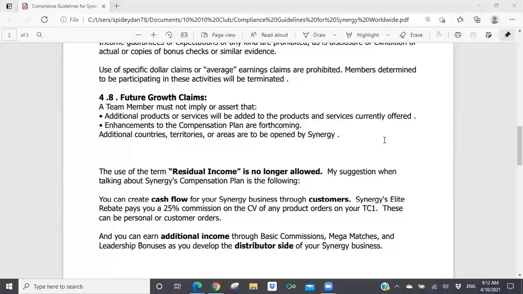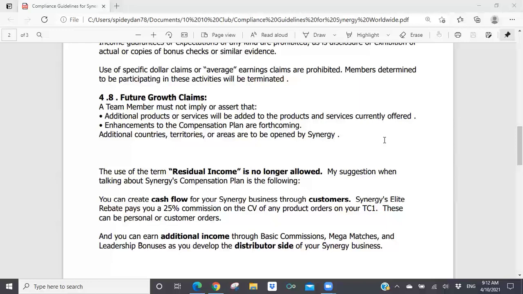Our cash flow comes through customers, through the Elite Rebate, which pays you a 25% commission on the CV of any product orders on your Tracking Center One, and that CV can be from personal or customer orders. So there's nothing in that statement that causes any problems.